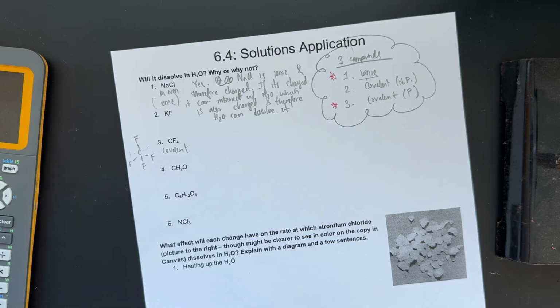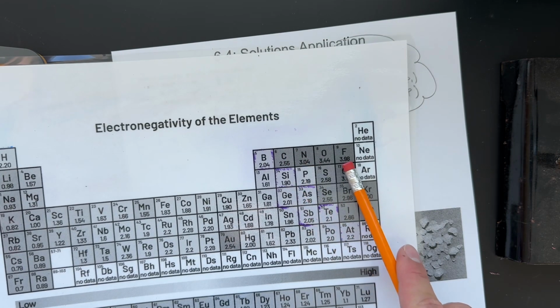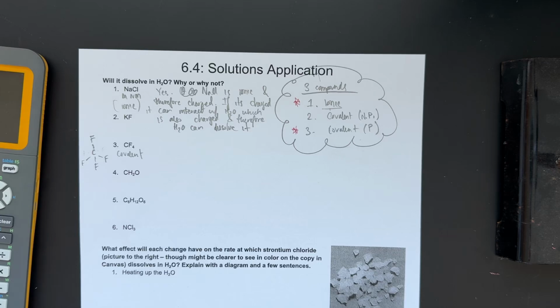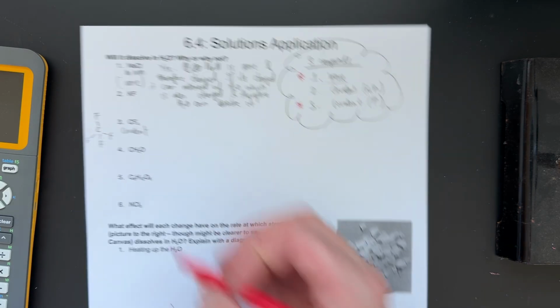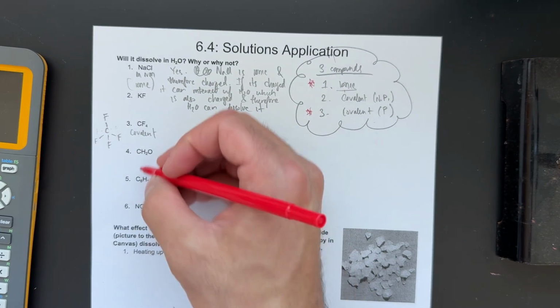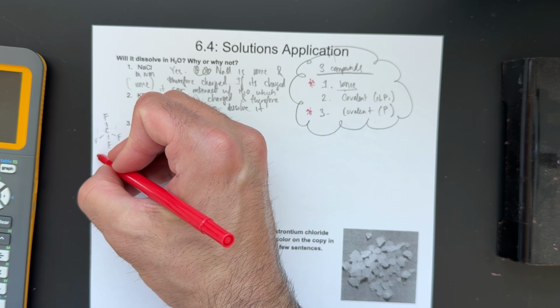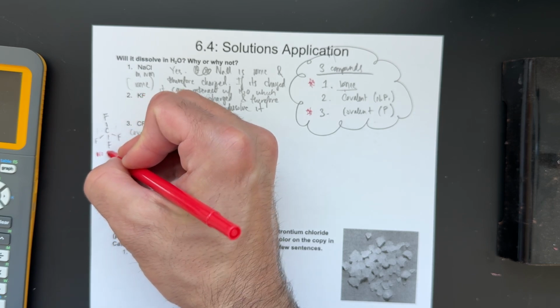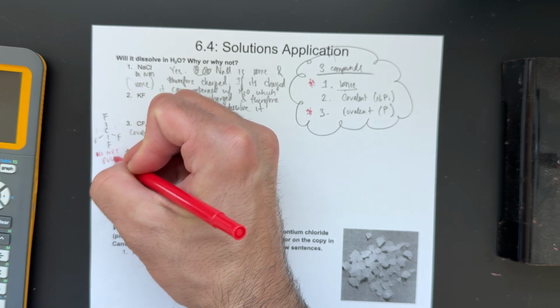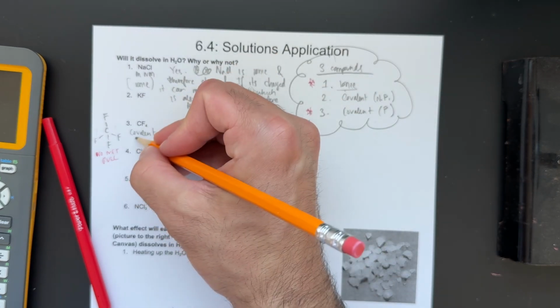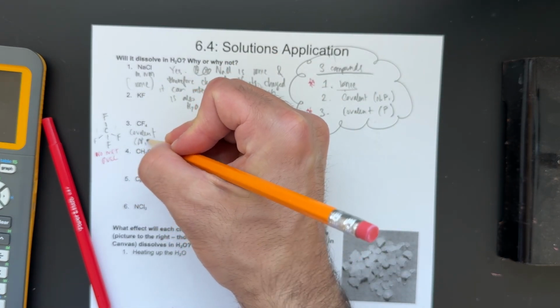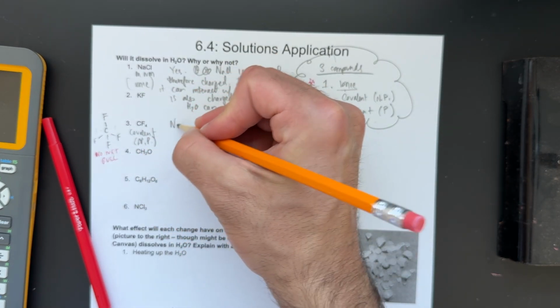There's pretty big differences between C and F, a 1.4 difference, but remember they cancel. And so despite the fact that there are dipoles, there's no net pole. So therefore, this is non-polar. So will it dissolve? No.